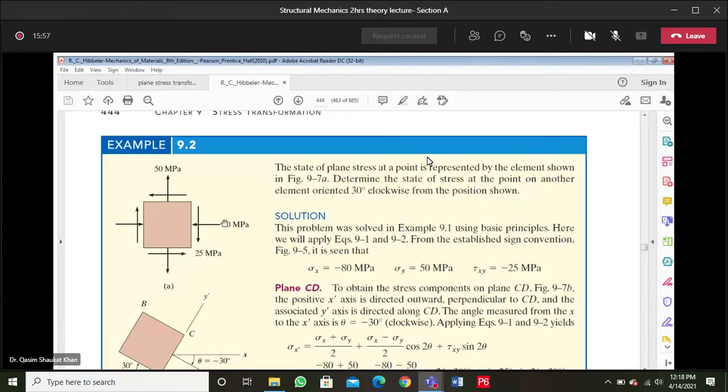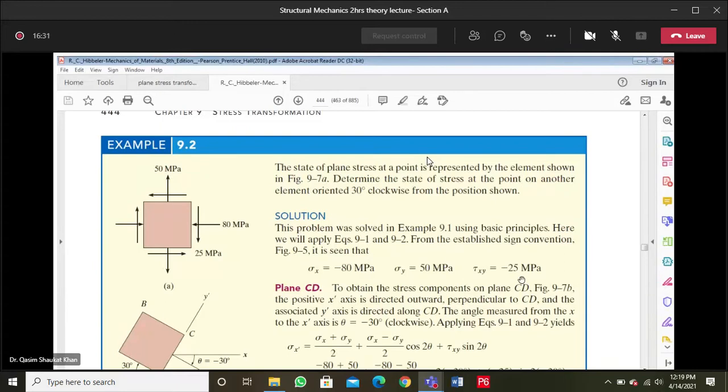Now this is the shear stress, as a designation. Over here, if the arrow points upward, it is positive. And if the vertical arrow of the shear stress is pointing downwards, then that will be negative.